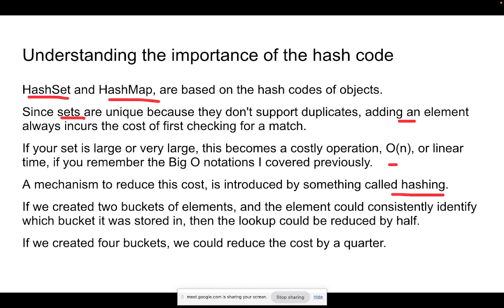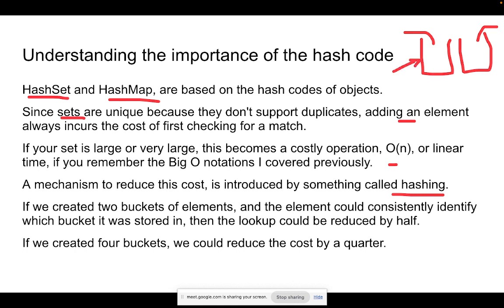Hashing tries to assign an identity, a number or integer, to that particular element. So how does it do that? Let's say we have a whole set of elements. It will try to divide those elements into two buckets. Based on a certain mechanism, it will place each element either in one bucket or the other. So we first need to know in which bucket the element exists.